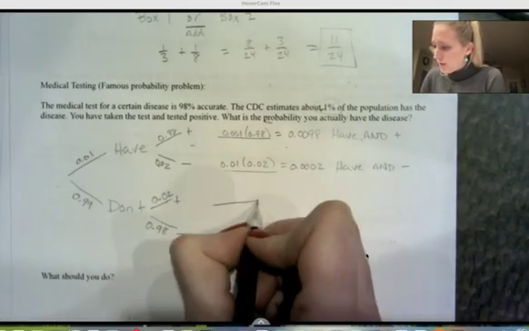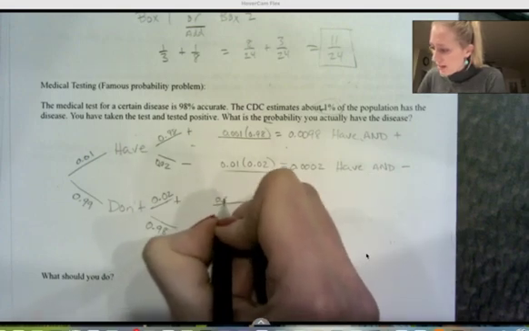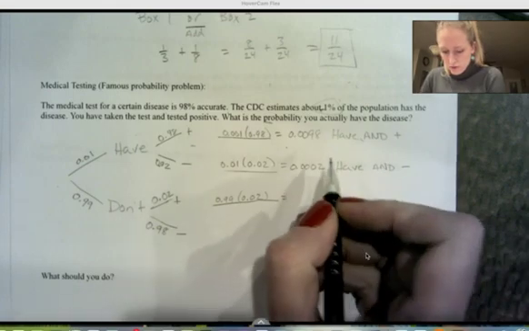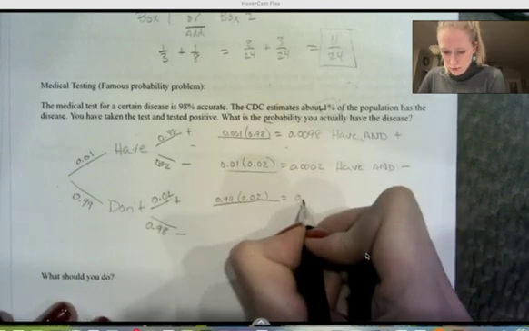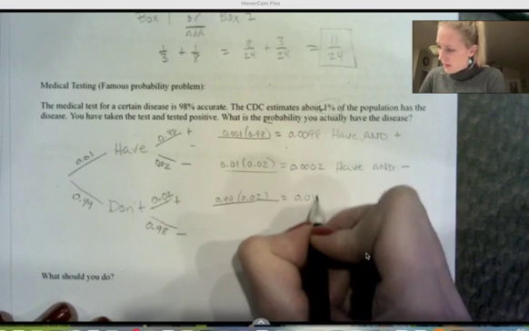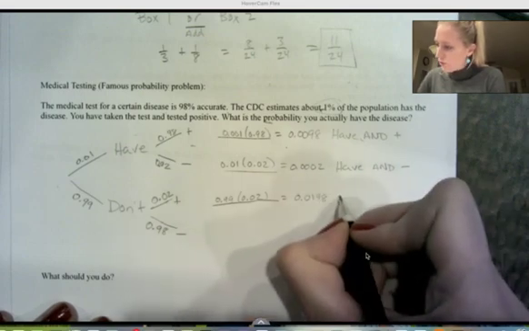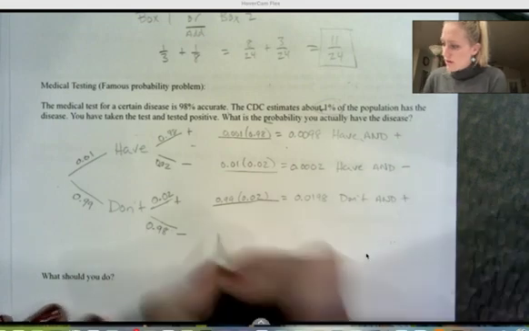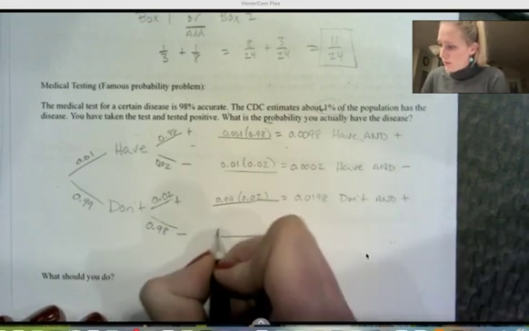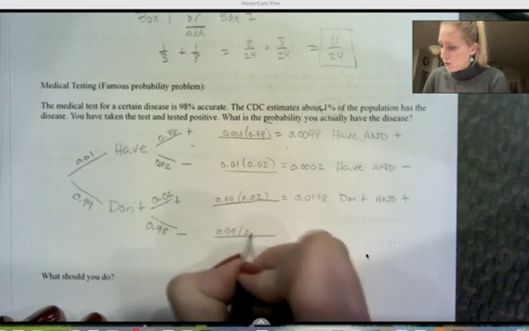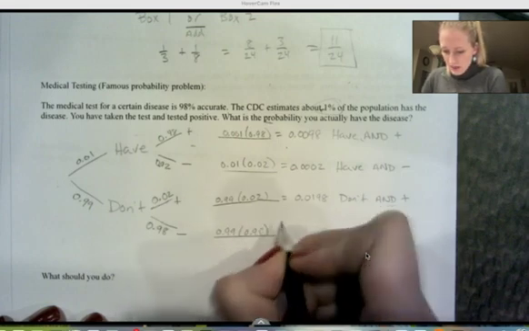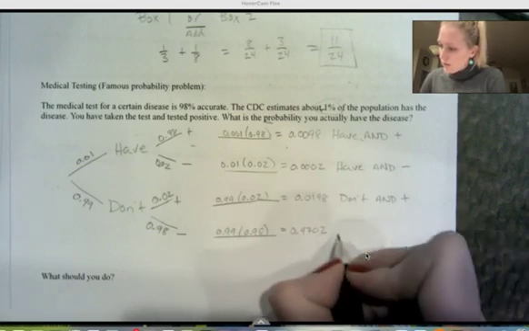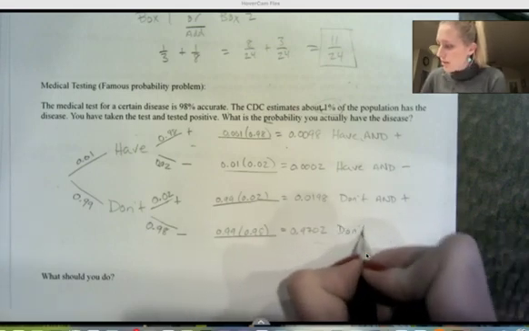So then we calculate those. This is 0.99 times 0.02, which equals 0.0198. So this is you don't have it but tested positive. This probability, 0.99 times 0.98, pretty high here, is 0.9702. So this one is you don't have it and you tested negative.